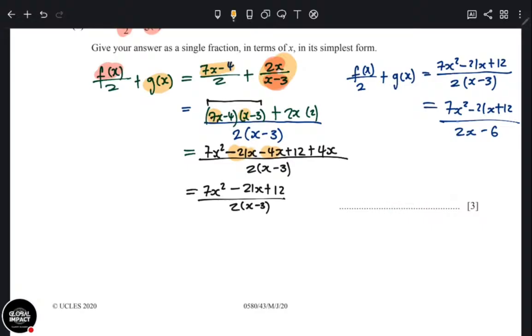Like to put this minus 6 into 12 right now and simplify, no. You can't divide one thing into one thing. You'd have to divide into the whole thing. The only other thing you can do is to factorize, okay? So let's factorize minus 21x plus 12. You now say 7 by 12.